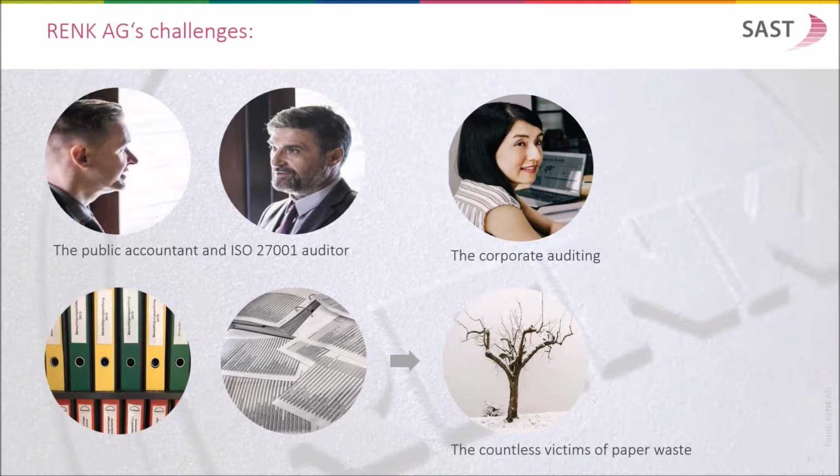Some more details: each year they have at least one big file with hundreds of lists for all organizations they have, for all managers within their employees at this stage. They had to set up different activities, and that costs a lot of money and, of course, a lot of time.